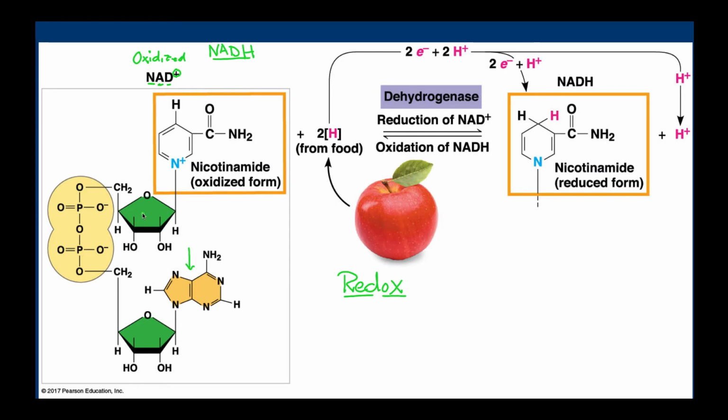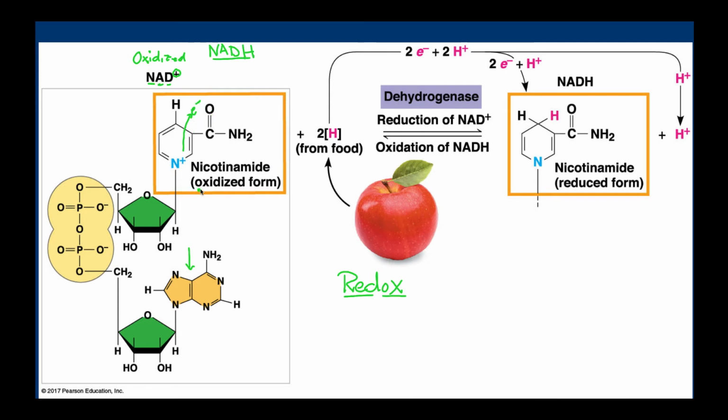It has dinucleotide, so it's kind of like two nucleotides, and then it has this nicotinamide end of the molecule. And this is the area where the oxidation has occurred. So off this nitrogen, it's indicating that it's lost an electron, and therefore has been oxidized.